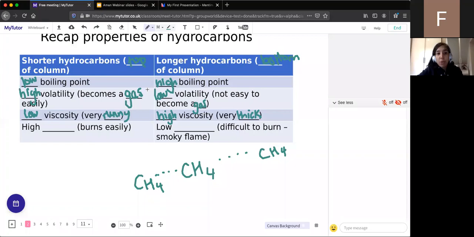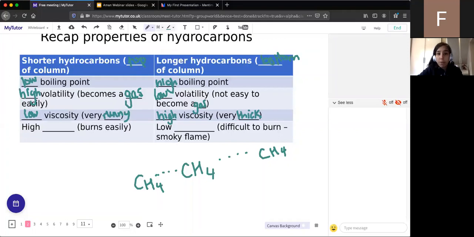And then the final one, what is the word for burning easily? Flammability. Excellent, well done. So flammability. Do the shorter hydrocarbons have high flammability or low flammability? And why? Good, they have a high flammability. Why do they have a high flammability?